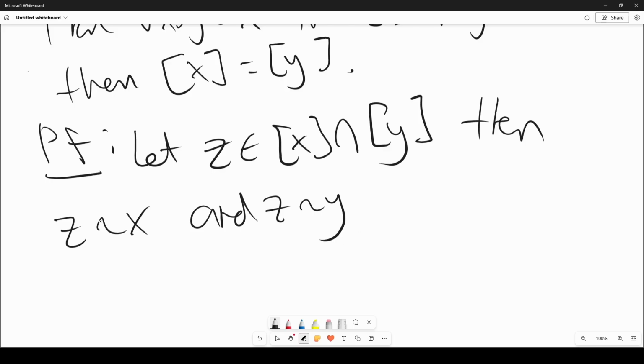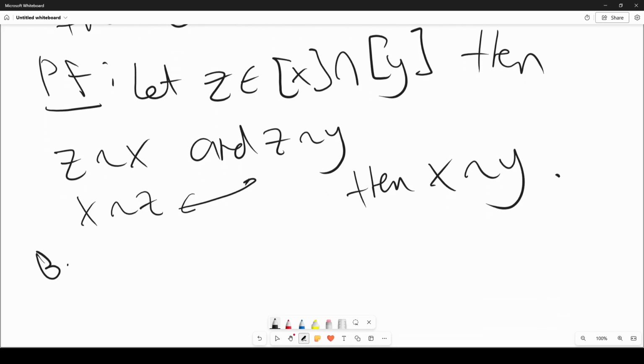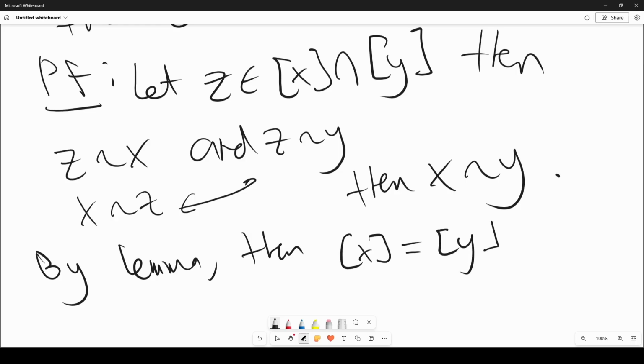So what I'm going to do is swap this one around. We know this also means that x is equivalent to z by symmetry. But by transitivity, if x is equivalent to z and z is equivalent to y, then x is equivalent to y. But by our lemma, we get that the equivalence class of x must equal the equivalence class of y, as desired.